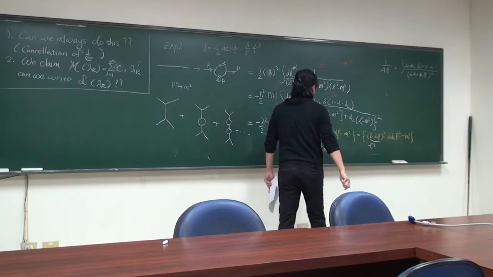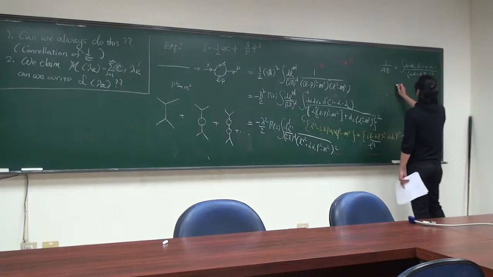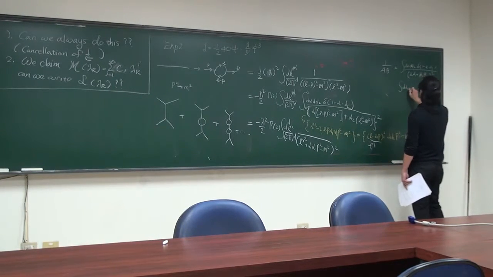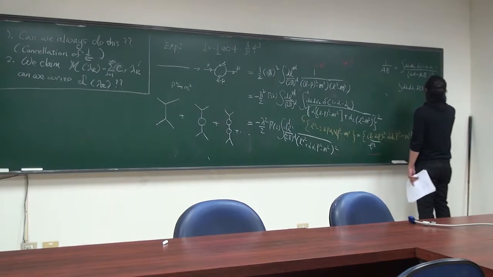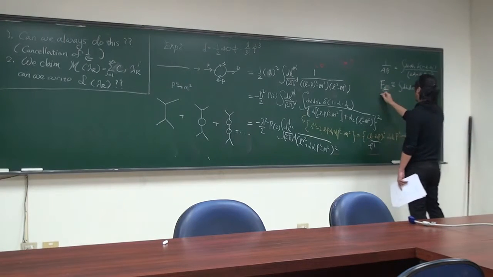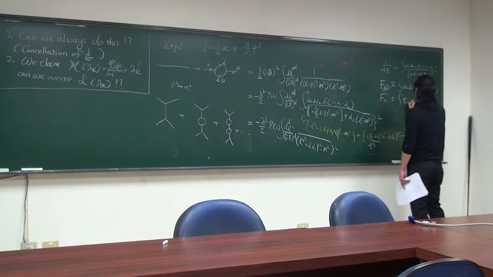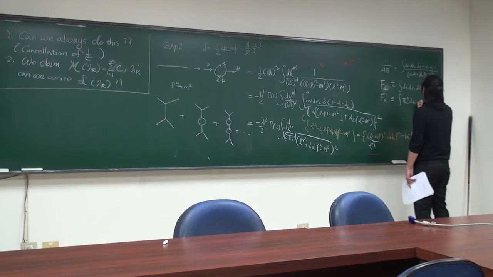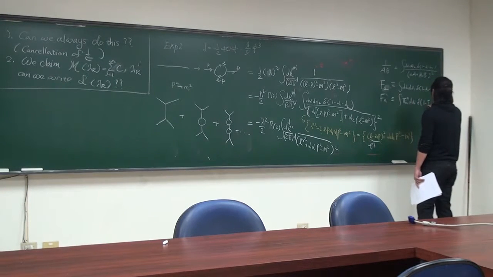From now on, I'm just going to call this integral, because I don't want to write this an infinite number of times, F2. And of course F_n will be defined as the integral of the product from i equals 1 to n of d alpha i, and then delta of 1 minus the sum from i equals 1 to n of alpha i.